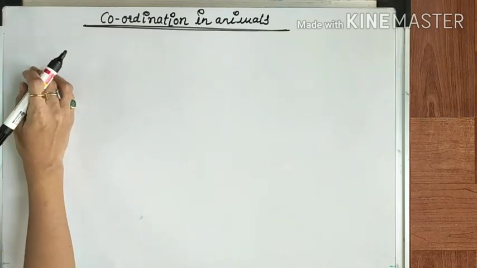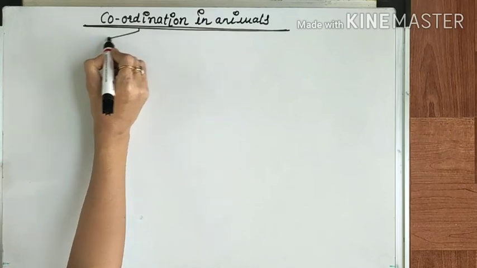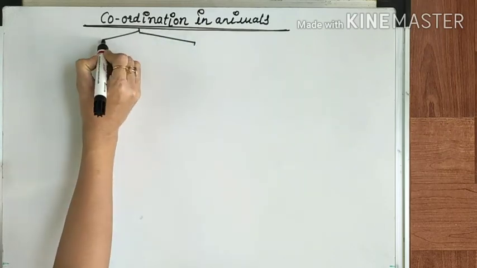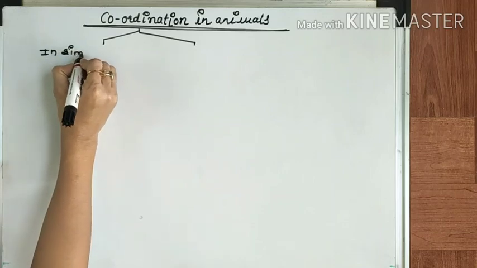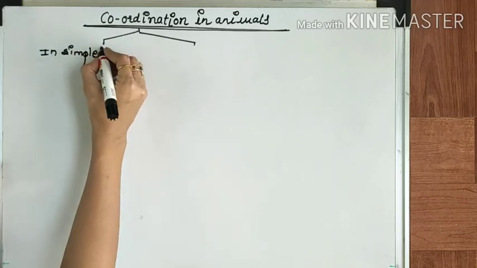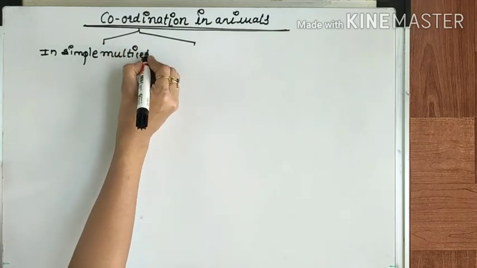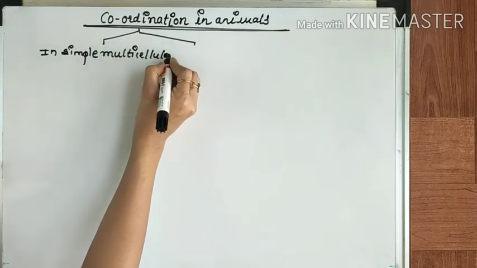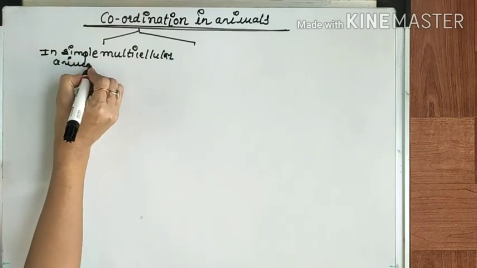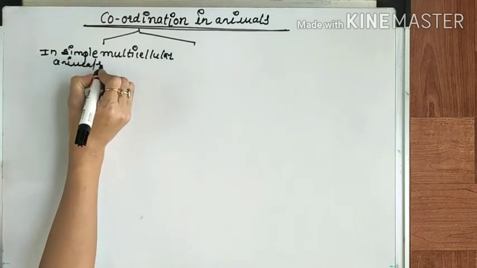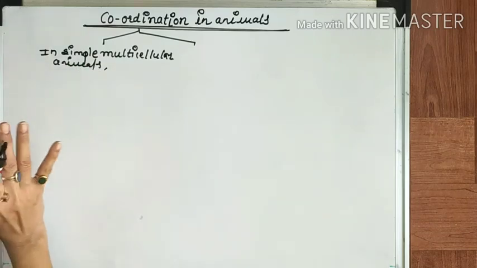So in simple multicellular animals, the coordination takes place through the nervous system only.